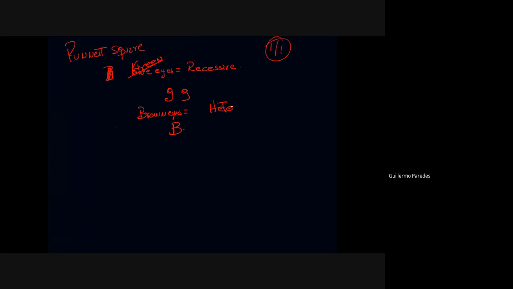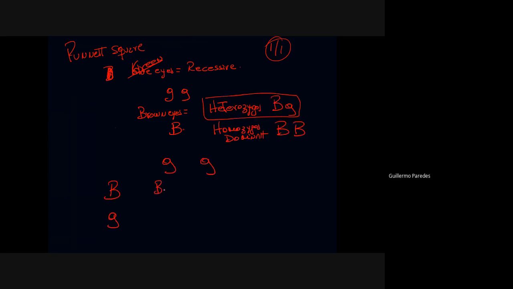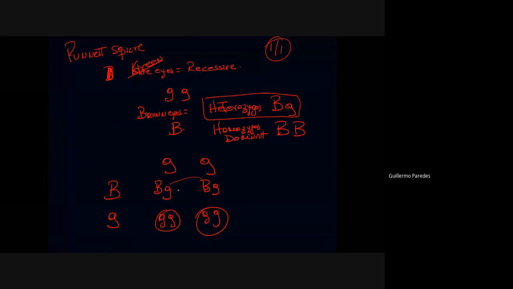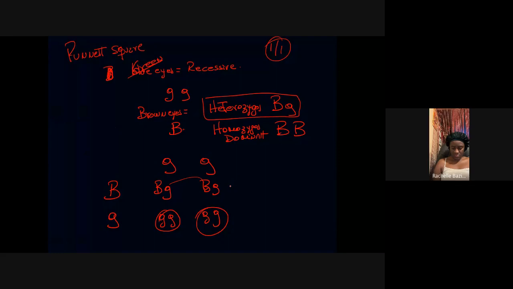Now, if I marry somebody with green eyes, and I am heterozygous, brown and green, the girl is going to be g and g, green eyes, and the male is going to be brown and green. Then I combine brown with g, g with g, and g with g. So these are going to be green eyes. These are going to be brown eyes, but heterozygous because they are hiding the green eyes. You okay with that?